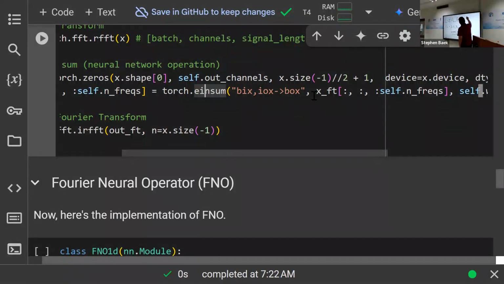einsum ij, kj, ik. Can you guess what that is? So ik, those are the indices defining the output. And then the repeating index that's not on the output side is where the summation happens.